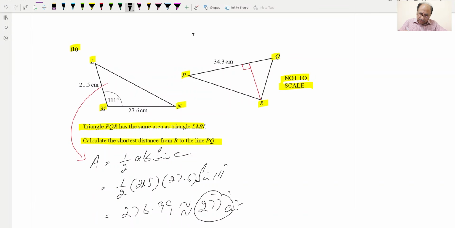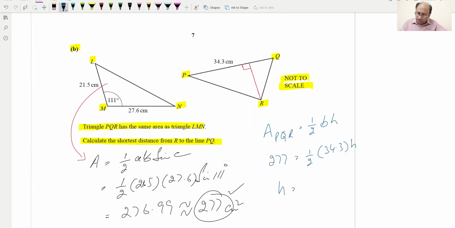Now the same area is for this triangle, the whole triangle. Area of PQR is equal to 1 by 2 into base into height, and area we know is 277, equal to 1 by 2 into base 34.3 into height.